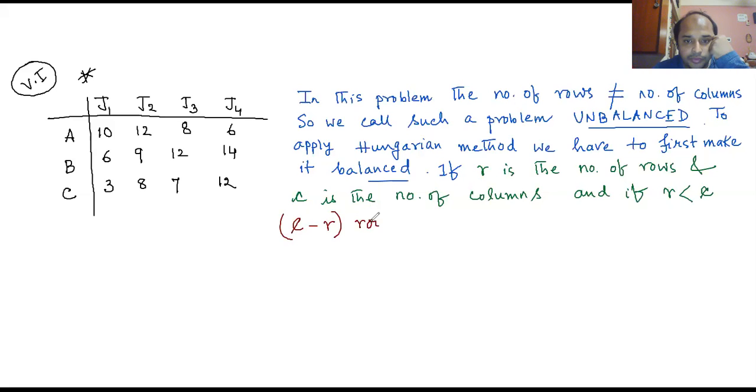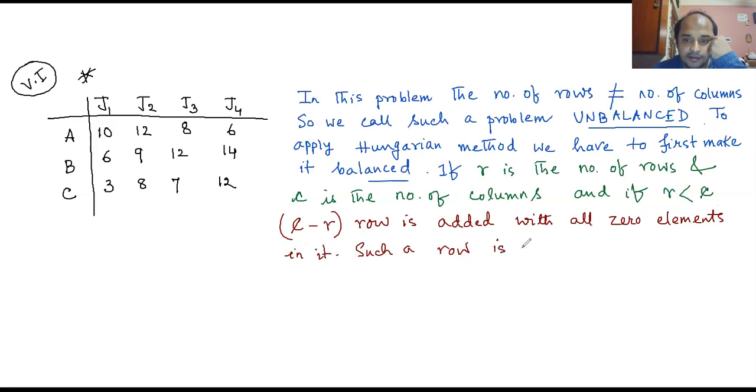rows are added with all 0 elements in it. Such a row is called a dummy row.